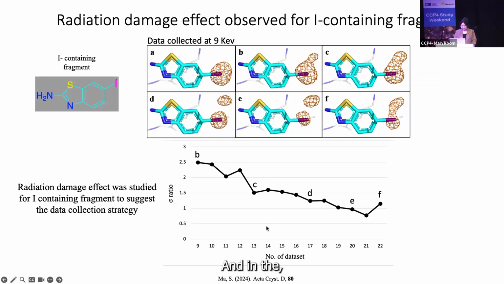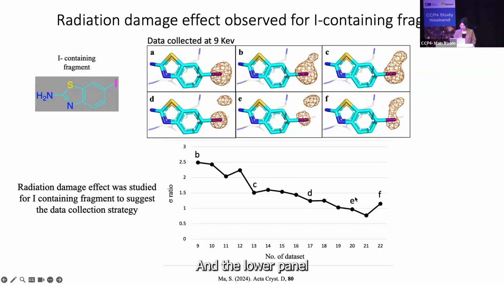The top panel here, from figure A to F, shows the representative changes where a single anomalous blob gradually developed into 2 blobs along the data collection.